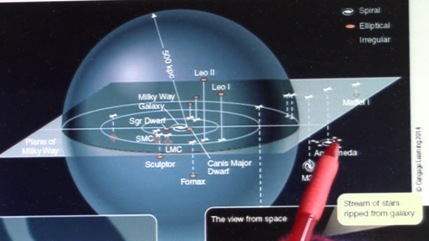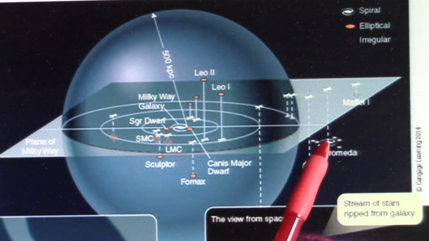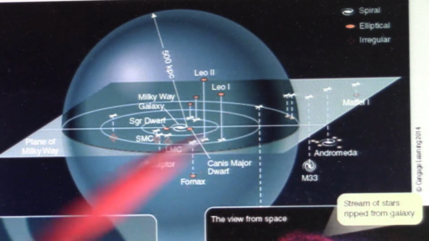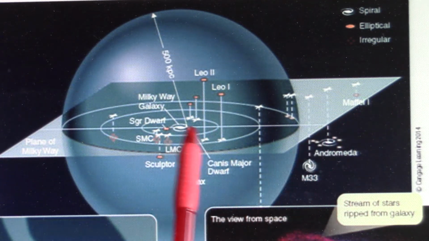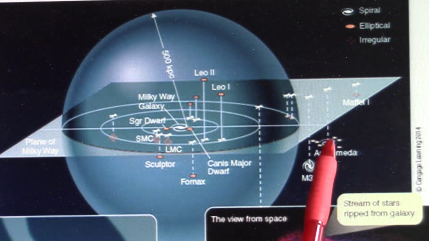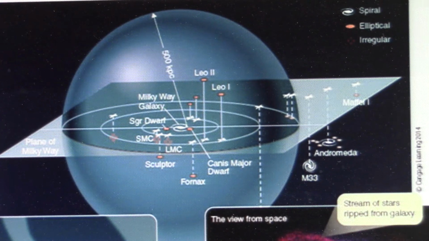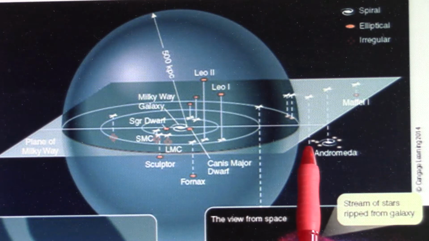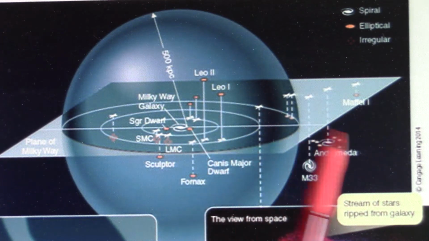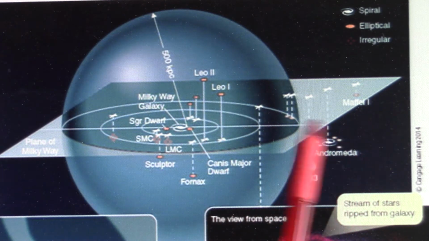Andromeda is a huge galaxy. It's bigger than we are. It's a spiral as well. Andromeda is several million light years away, and so we're heading right towards each other.